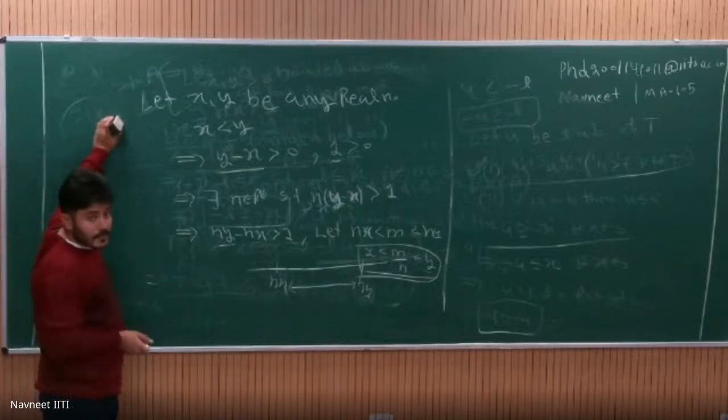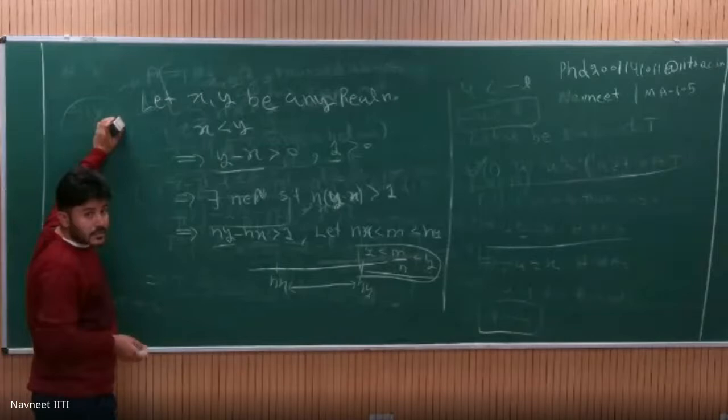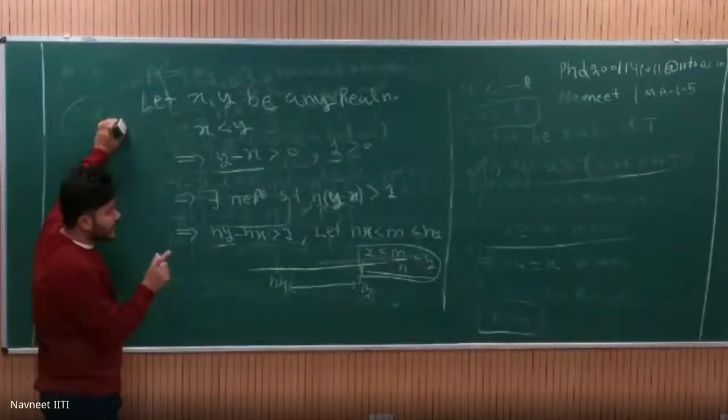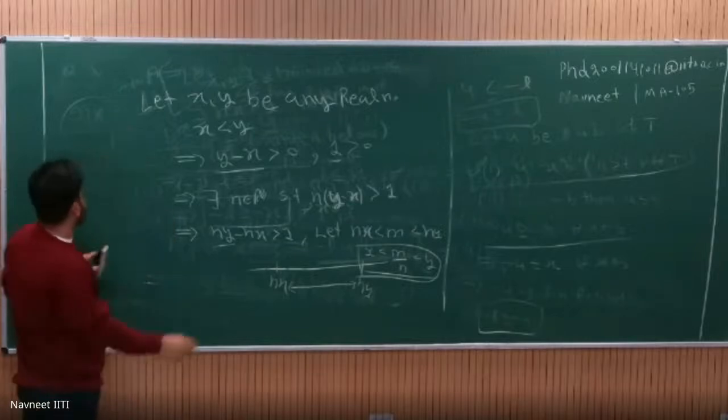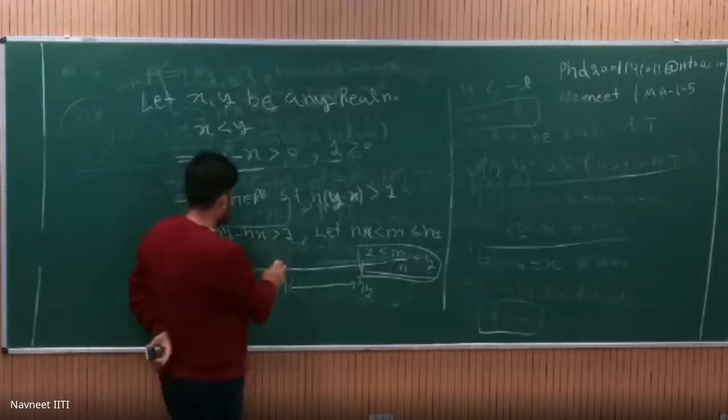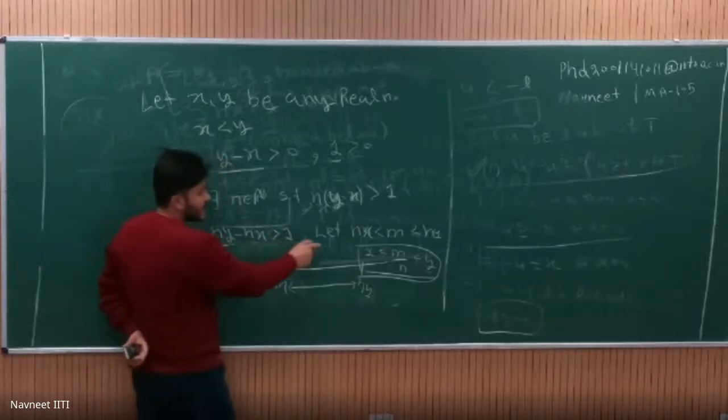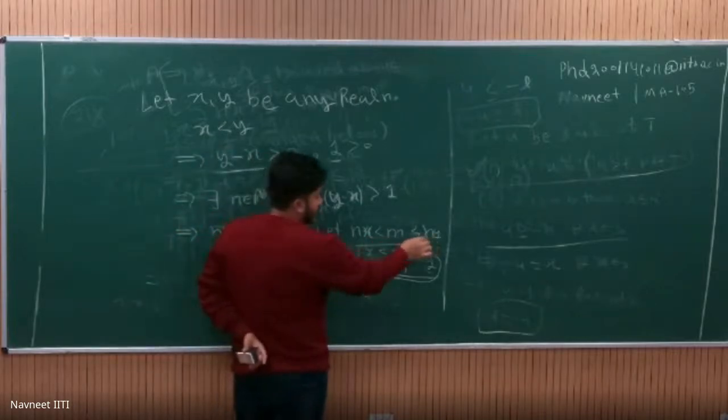Any doubt? No, sir. That means you find between two real numbers one rational number. Can you please repeat the part of m? I didn't get it. Okay, I'm saying their difference is greater than 1. That means in between them there must be an integer.